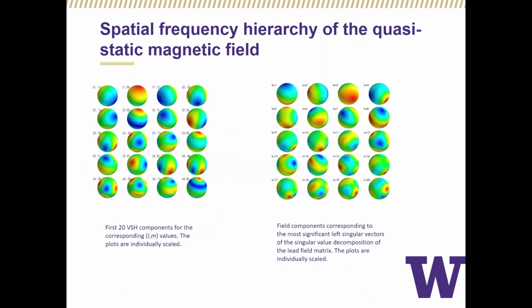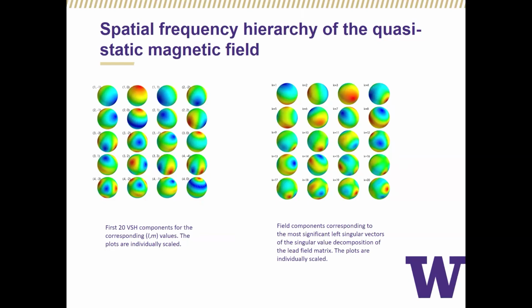This is just an illustration of what these magnetic field components in this expansion look like when we go from the lowest spatial frequencies to higher and higher, so they get more and more complex. That's on the left side, the 21st VSH components.